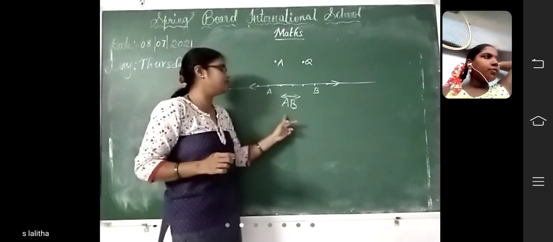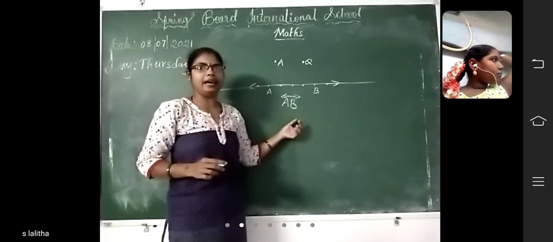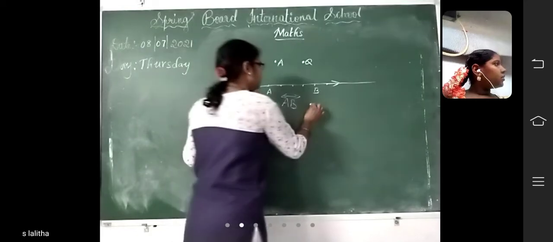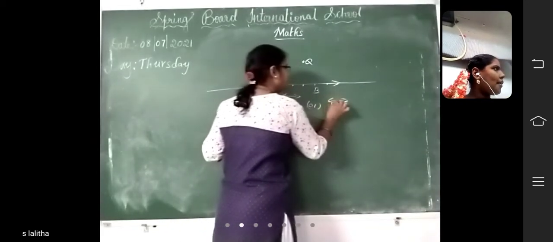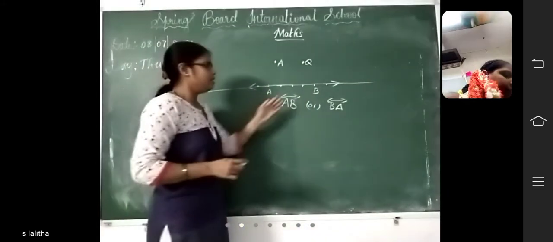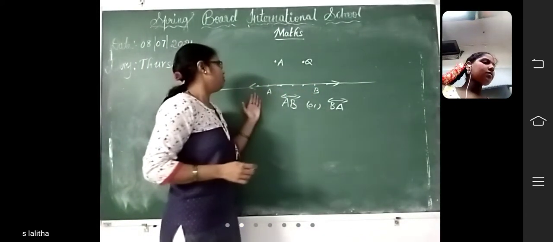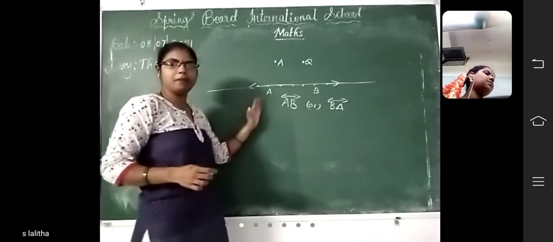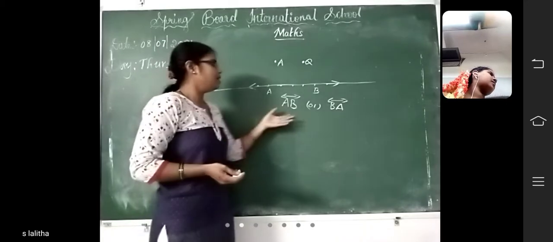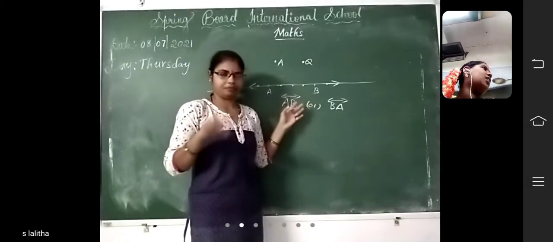So what do you call this one? Line AB. Or you can write BA also. Why? Both are the same, whether you call it line AB or line BA. This is about line, children.